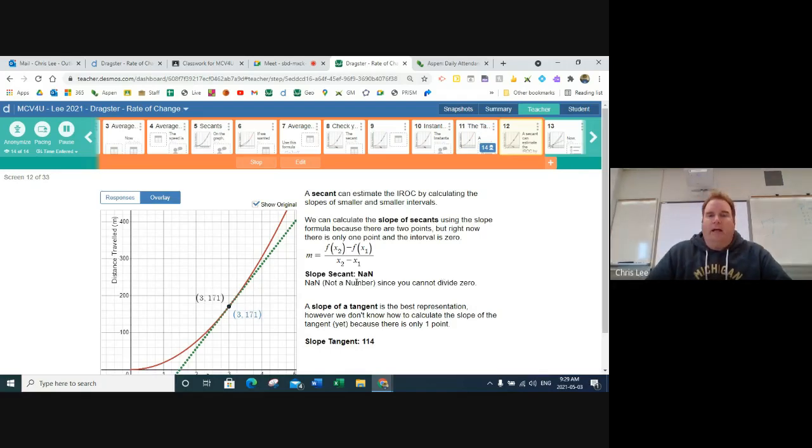So that's why when you're calculating the secant, it's not a number. But if you could figure out a tangent, the tangent would be the best representation. But we don't know how to find the slopes of tangents yet. So we'll have to rely on Desmos for a couple of days before we figure out how to do that.